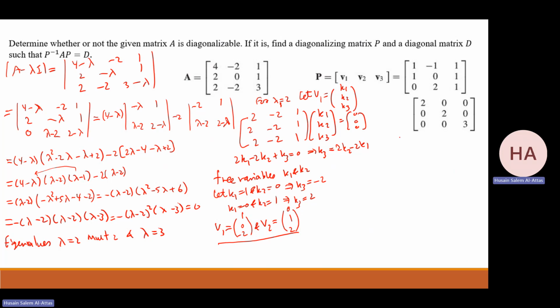Now for the other lambda, lambda equal 3. Is it 3? Yeah. What I have, let V3 be k1, k2, k3. Let me see what I will have. That will be 1 minus 2, 1. Then 2 minus 3, 1, 2 minus 2, 0.